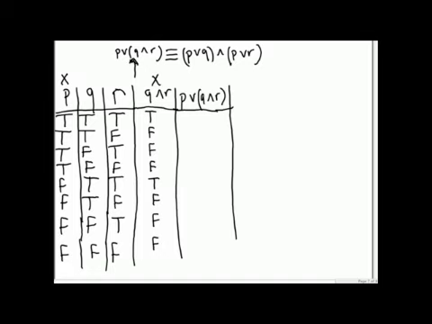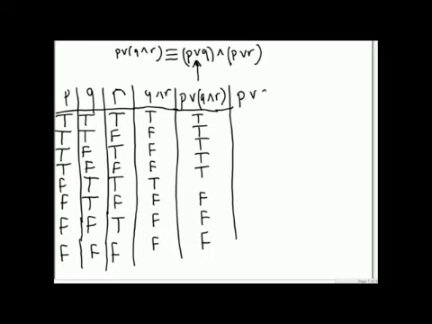So we're going to have true or true, true or false, true or false, true or false, false or true, and then false or false, false or false, and false or false. Next thing we want to focus on is the right side of the equation and the first parenthesis.